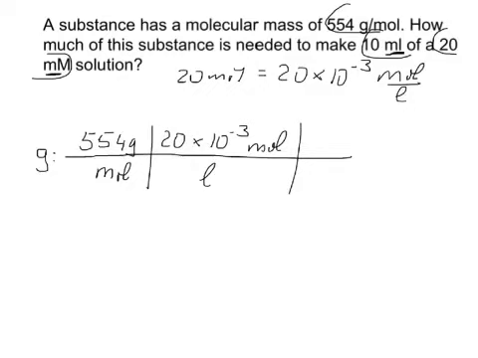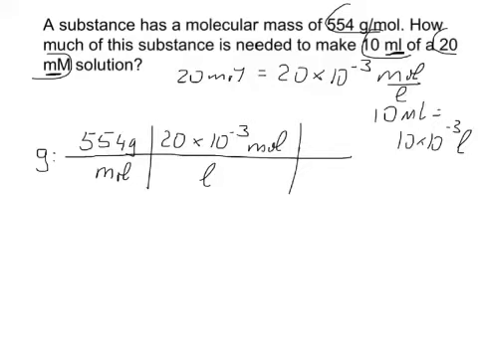And now eventually we are looking for something with liter in it, and we have here these 10 milliliters, but again we need to be careful. Here we have milliliters, here we have liters, so we need to convert the milliliter, and we know that 10 milliliter equals 10 times 10 to the minus 3 liter.